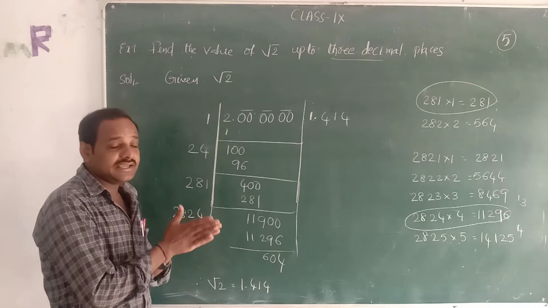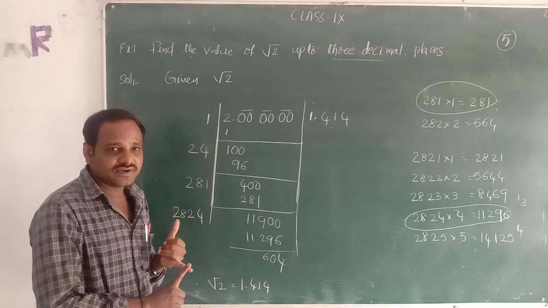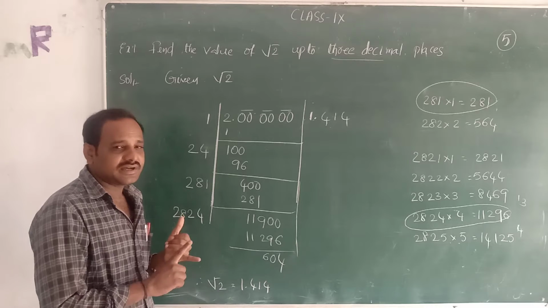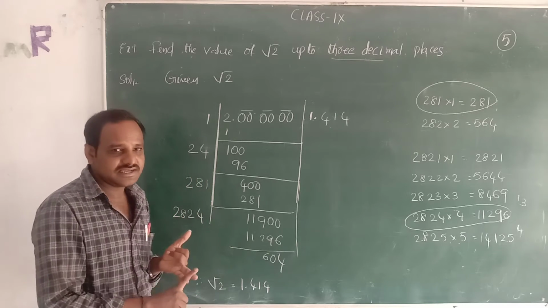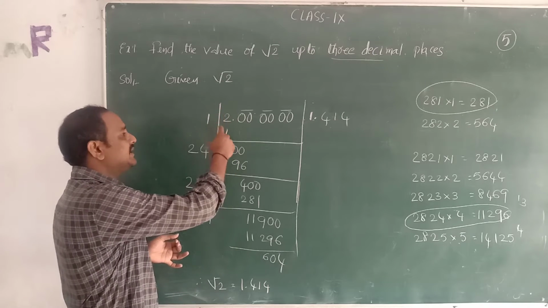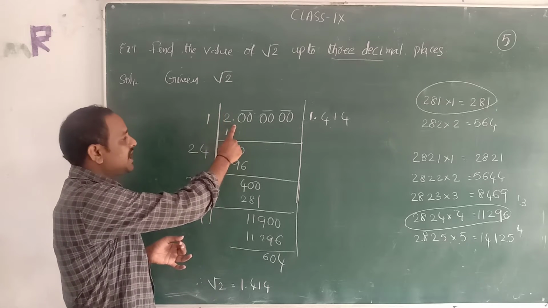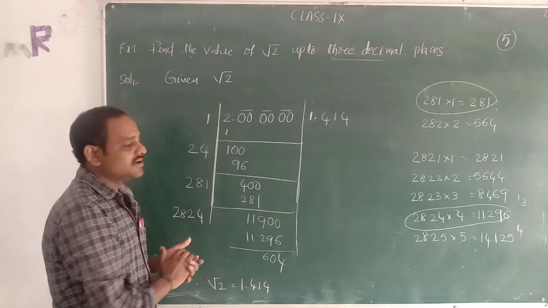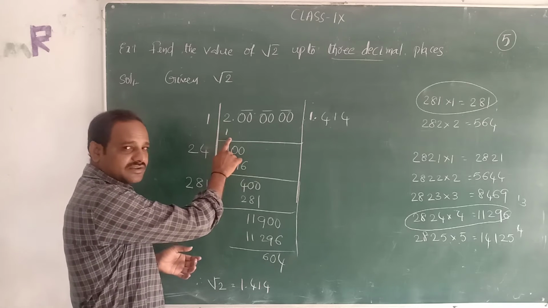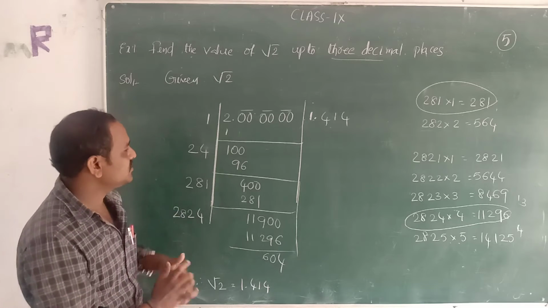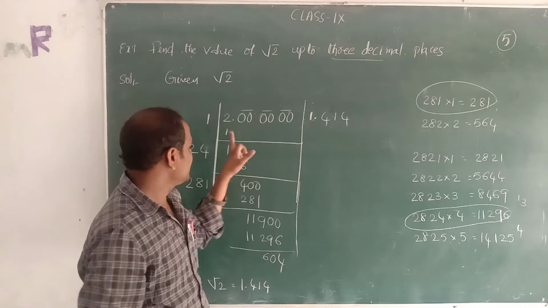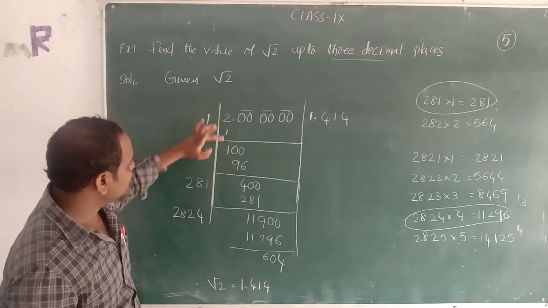But here the condition is first: it must be closest to the number but less than the number. Here the number is 2, and the closest number less than 2 is 1. So that is why we took 1. 1 ones are 1, so the remainder is 1.